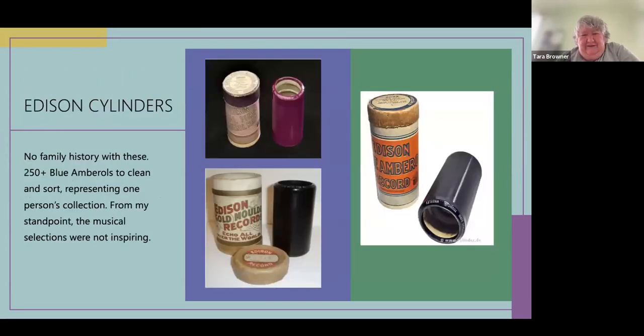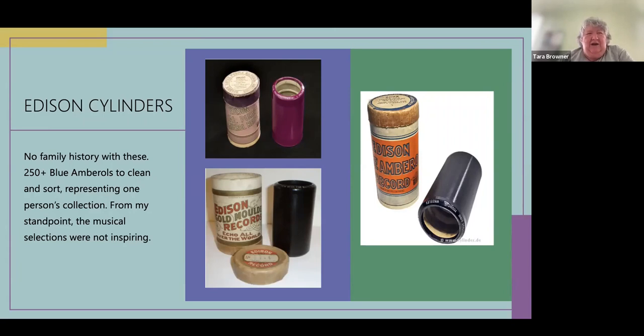So Edison cylinders, going back to them, no family history at all. I mean, my uncle, who was an uncle by marriage, had bought a bunch of players at estate auctions and essentially warehoused them in piles in the backyard. That's all I knew. So we had to start learning about them. And almost all of them are Blue Amberols, is what they're called.